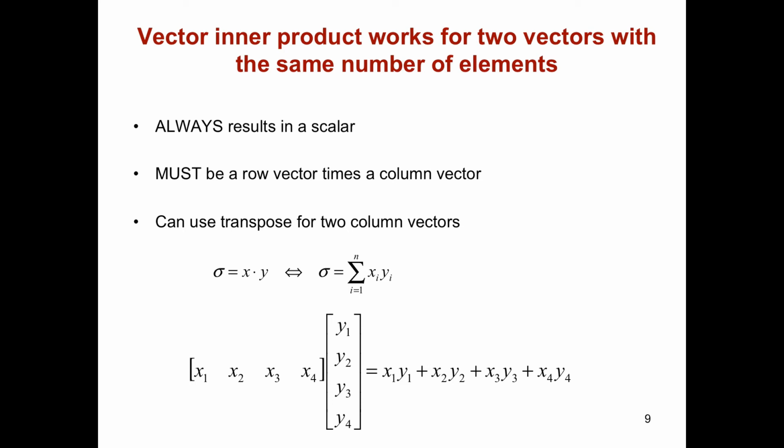Now the sum in itself, if I'm just doing this sum, works regardless of whether they're column vectors or row vectors. They could be both column, both row, or one of them row and one of them column. But this definition is actually in terms of matrices, and for this, I have to have them precisely in this form. We'll get to the matrix multiplication, so it's going to be clear why. Technically, I can always compute the sum part regardless of the type of vectors.